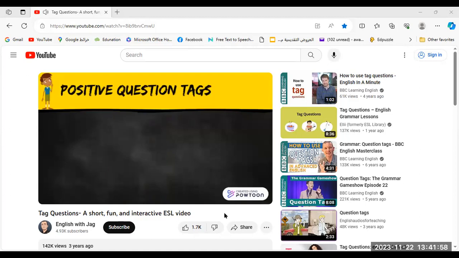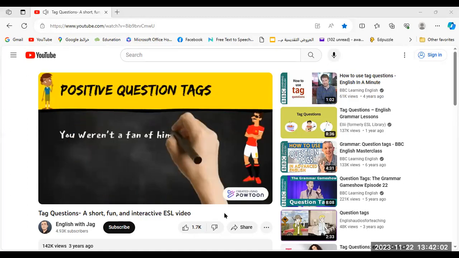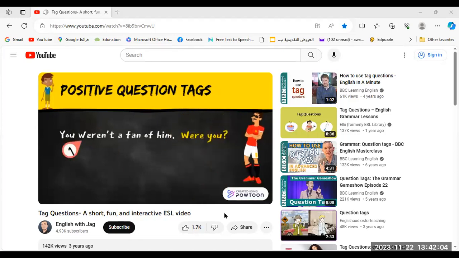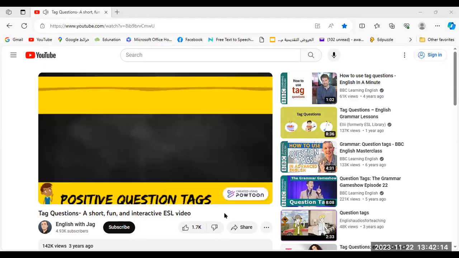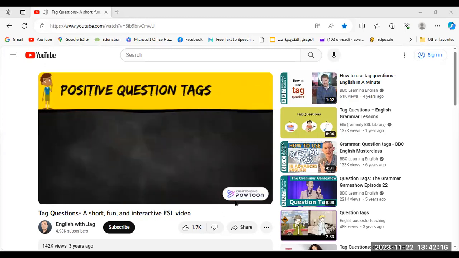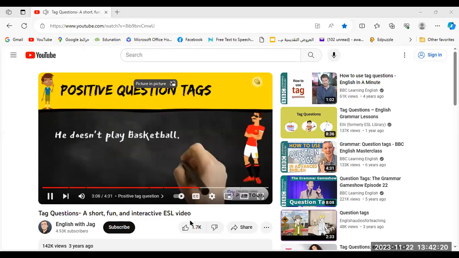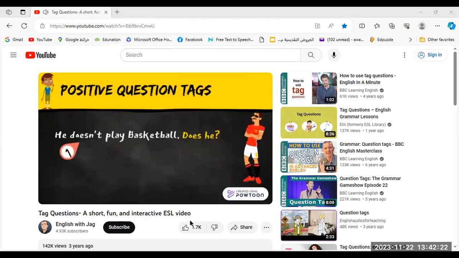This is another example. You weren't a fan of him, were you? So remember to change the auxiliary form from negative to the positive form, and then you add the subject pronoun. When the sentence has another regular verb, we use do or does to make positive tag questions about the present.